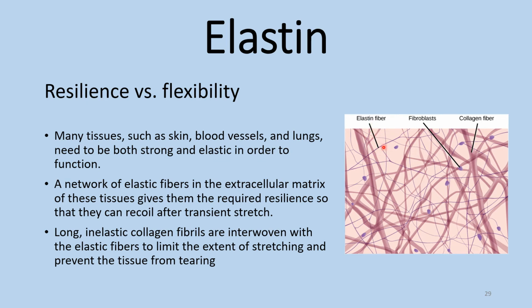When they are stretched, they regain the original shape, and that is called resilience. But they also need strength, which is provided by collagen fibers. So resilience, strength and flexibility are required in the connective tissue. Elastic or elastin fibers provide resilience and stretchability, while the collagen fibers provide strength and protect from tearing from overstretching.